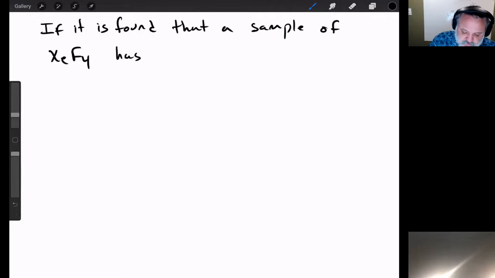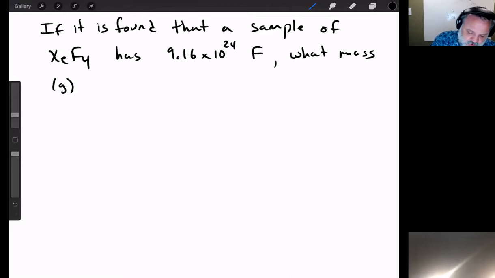Has 9.16 times 10 to the 24 fluorine atoms. What mass in grams of xenon tetrafluoride is the sample?